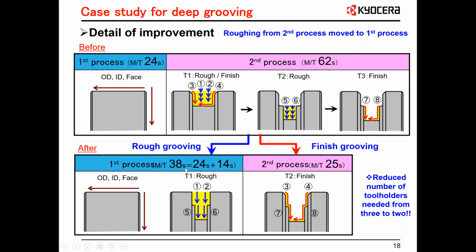So that's increasing that first process, but that's okay. The second process, we're now going down to 25 seconds by just coming in and finishing the entire groove, top and bottom, shallow groove and deep groove. So we're also going to be reducing the number of tool holders needed from 3 to 2 by doing this process.